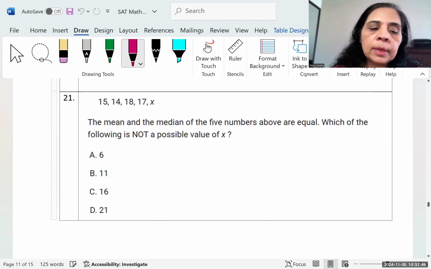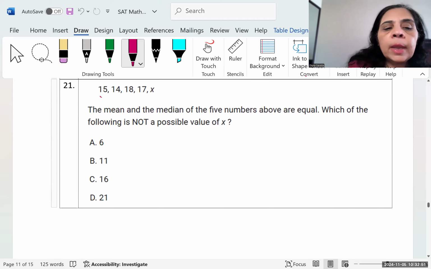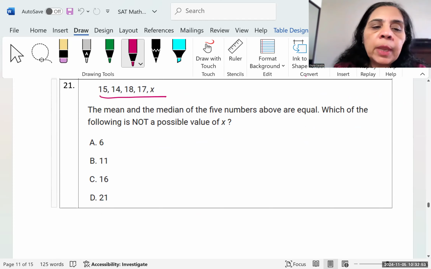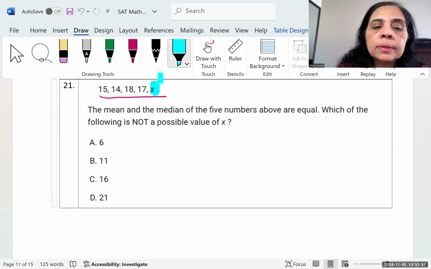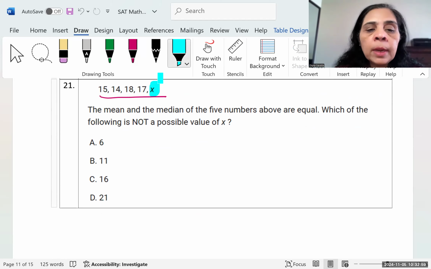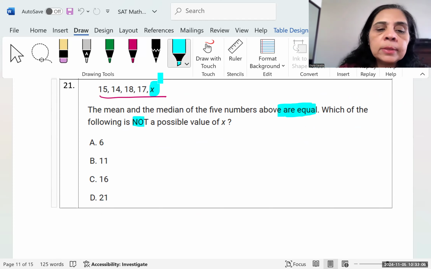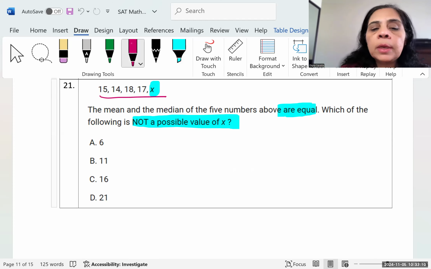Let's see, number 21. We have some data given: 15, 14, 18, 17, and x. The mean and median of the 5 numbers above are equal. Which of the following is not a possible value of x? So they give you a condition here.